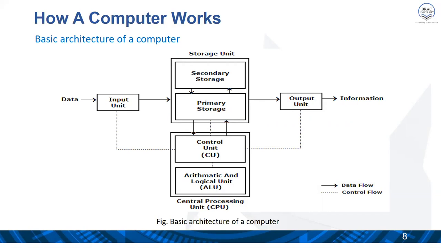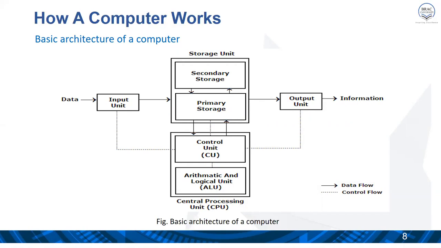The storage or memory unit is also classified into two different types, primary storage and the secondary storage. Primary storage is small in size as compared to the secondary storage. RAM is an example of the primary memory.